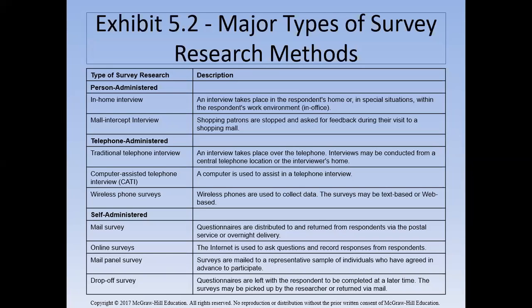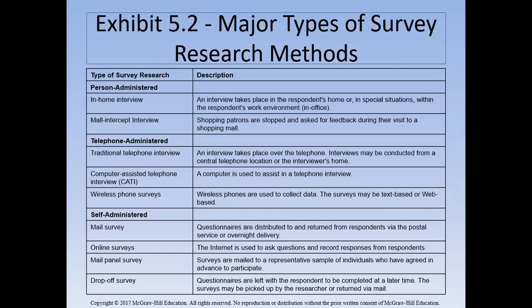It is done two ways. One is through Bluetooth: if your Bluetooth is on, they can push the survey. The second is that they have an application, and because the application provides you with different products for the whole mall, discounts, or free parking, they can push their survey on it. So that's wireless phone surveys.